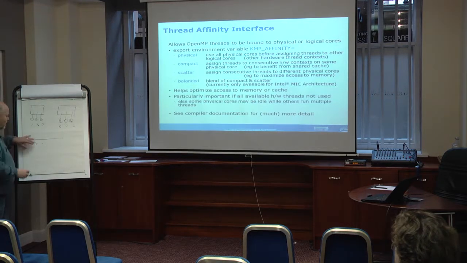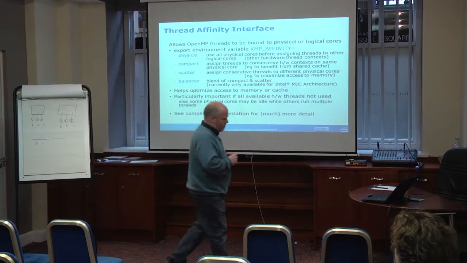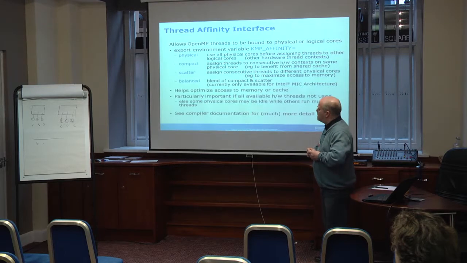So what affinity is about is how the threads are tied to the particular core, to the particular processor that's being used. And those different values are for use with OpenMP. So you've got physical, compact, scatter, and balanced.